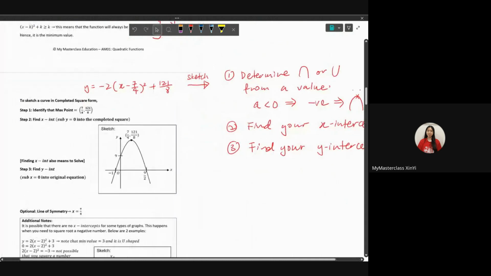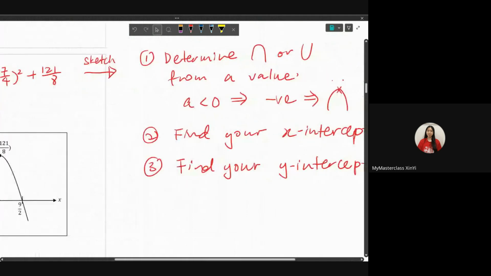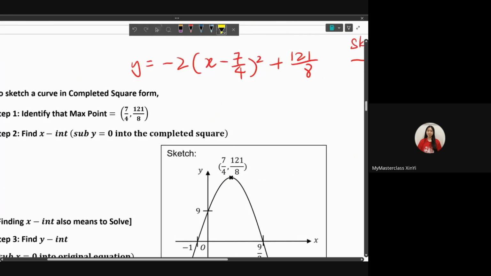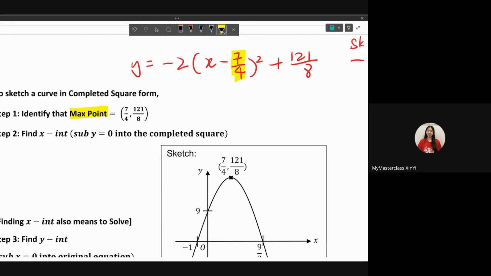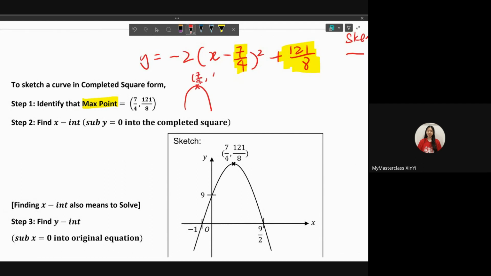Let's do step 1 first. Because your a is less than 0, it should be a maximum point. From the completed square form, the maximum point should be 7/4 as your x, and 121/8 as your y. So you know your curve will be something like that first.